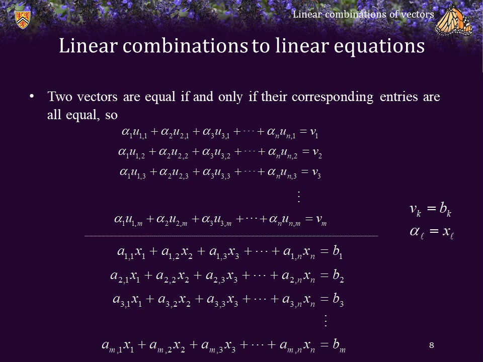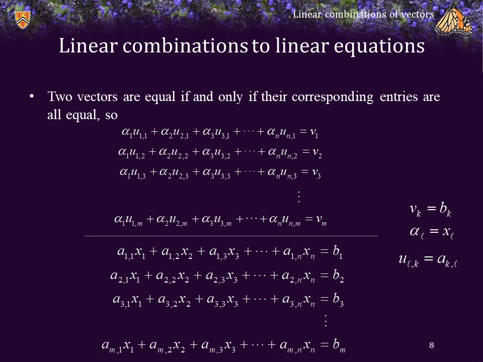The unknowns are alpha sub l in the linear combination question, and in the problem of a system of linear equations, those are the unknowns x sub l. The entries of the vectors give us the corresponding multiples of the unknowns. So u sub lk is equal to the coefficient a sub kl.